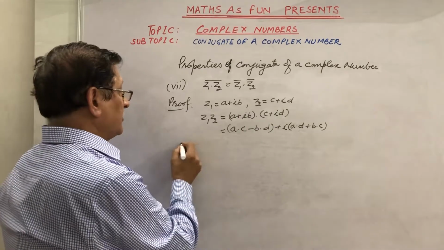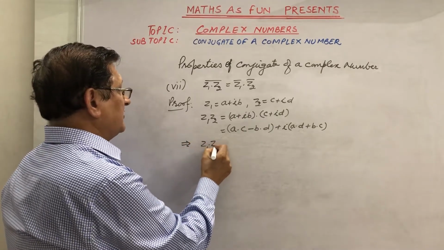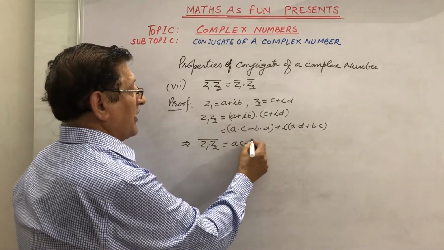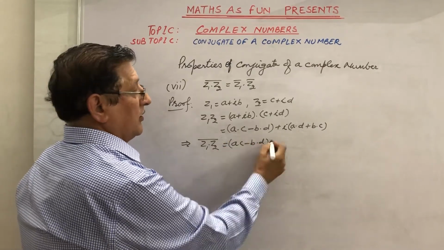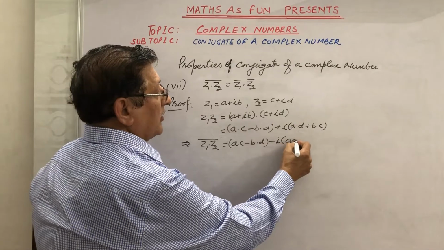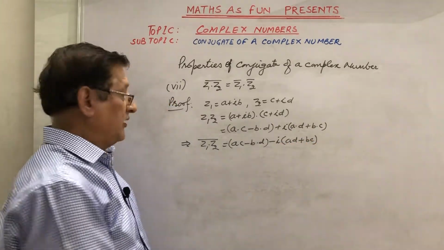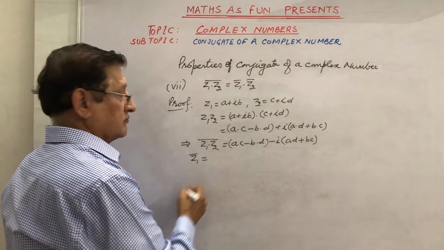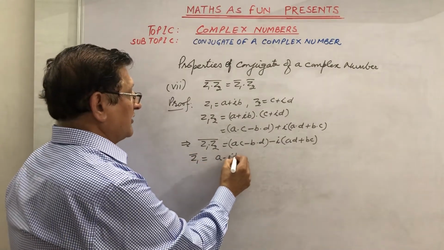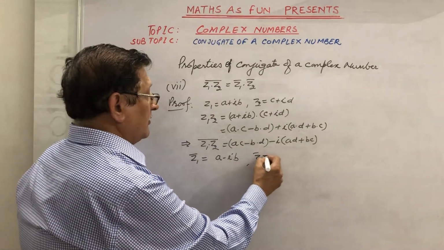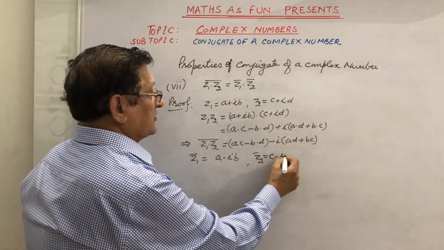If we go for the conjugate of this, then (z1 into z2) whole bar will be ac minus bd minus i(ad plus bc). If we go for z1 bar, that is a minus ib. Z2 bar is c minus id.